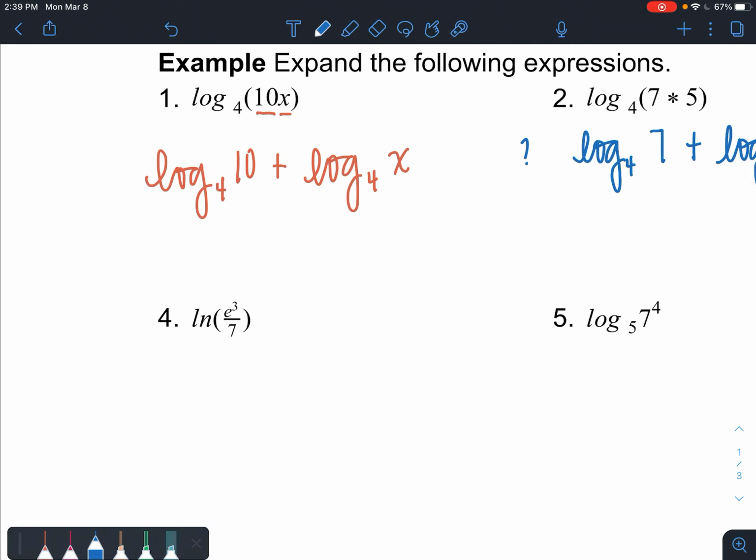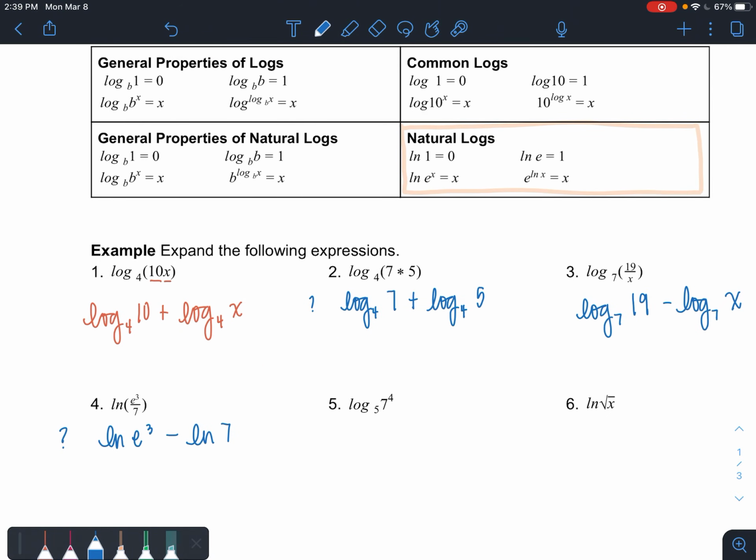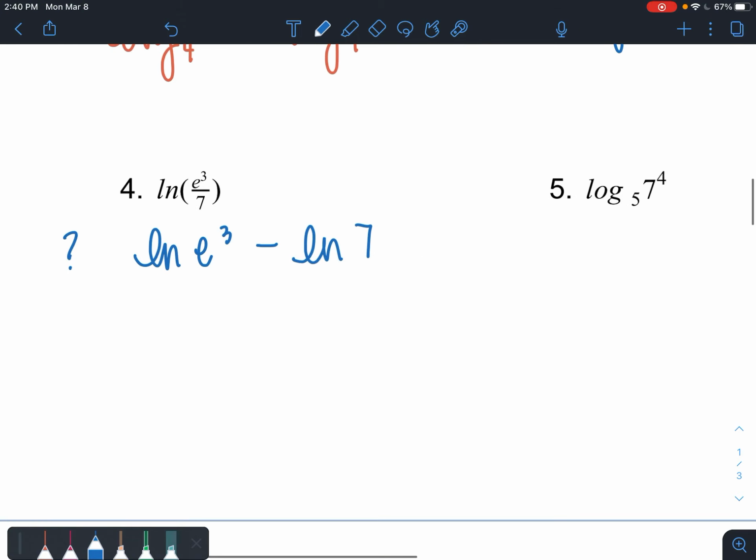Here I have ln of e to the 3 over 7. Go ahead and try that one. So what you should have got was ln of e to the 3 minus ln of 7, because log base e is ln. And so when we have ln of e to the x, what we get is x.